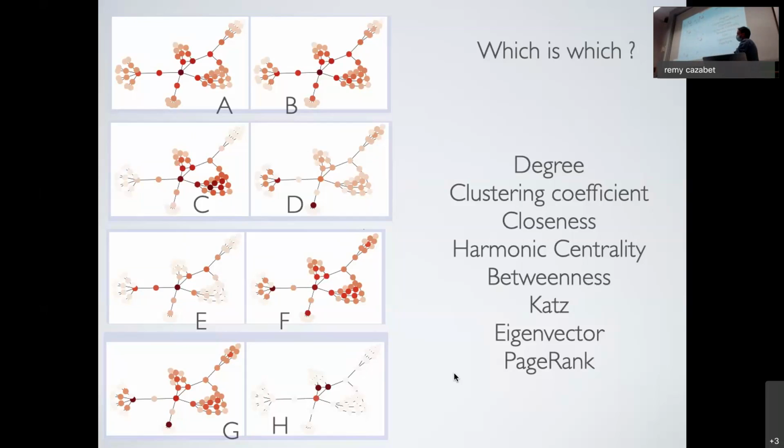Probably the betweenness is not too hard to identify, and the clustering coefficient is quite special also. Do you have good guesses for one of those? You can be wrong, there's no problem.